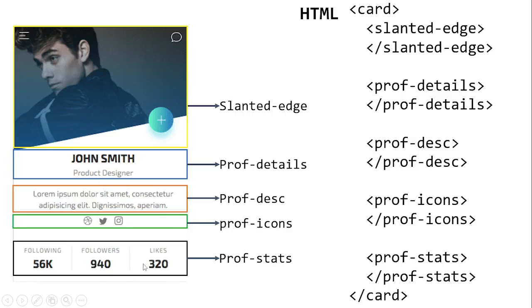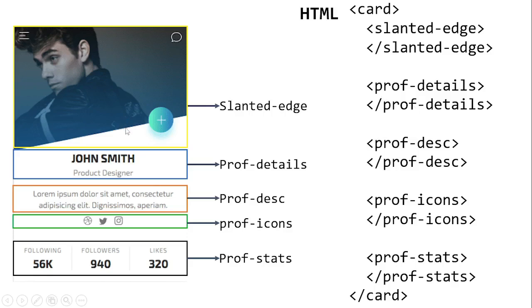That means our HTML expands. Inside the card we have the slanted edge, the profile details section, the profile description, profile icons, and then the profile stats. This is the breakdown when you break the card into small chunks.